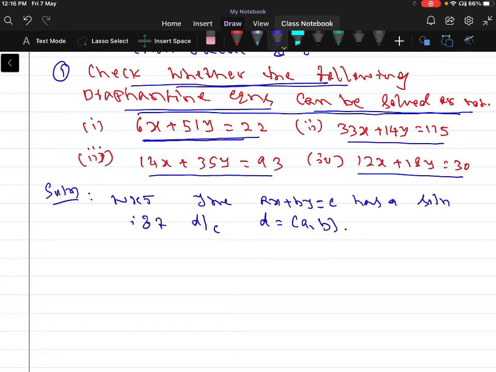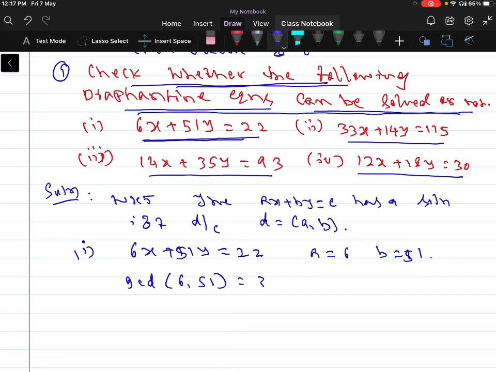Now let us move to the first problem. Let us verify whether this equation can be solved or not. Let us take 6x plus 51y is equal to 22. Here a is equal to 6 and b is equal to 51. So GCD of 6 comma 51 is equal to 3.